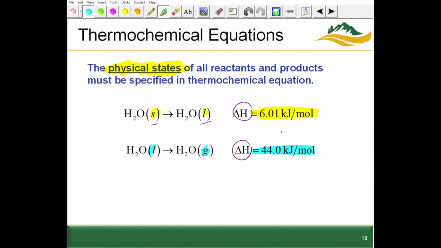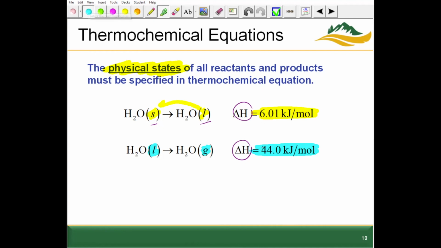So solid to liquid, a certain number of kilojoules per mole, but liquid to gas, a very different number of kilojoules per mole. The properties that cause water to go from liquid to gas look different than water going from solid to liquid or vice versa.